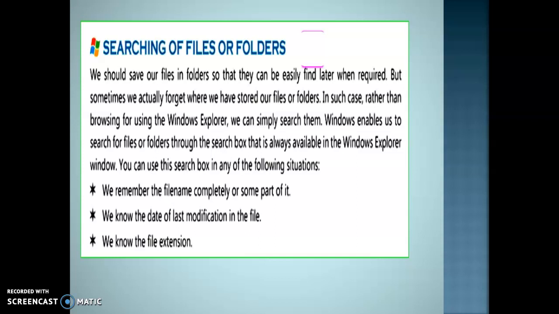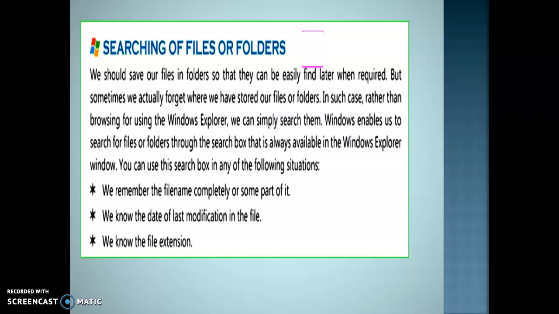So in those cases, we can browse Windows Explorer to simply search our files or folders. Windows provides us a feature to search our files or folders through the search box. The search box is always available in the Windows Explorer window. The search box offers the most direct way to locate a file.